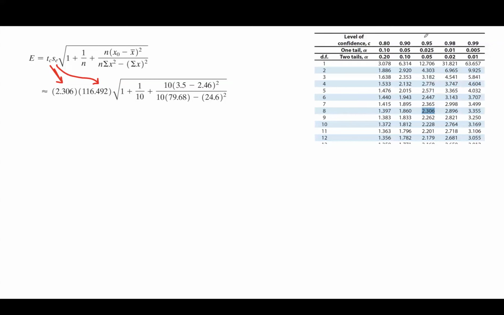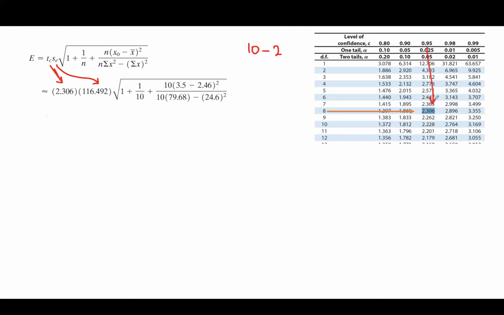Remember the t distribution table. For a 95% level of confidence and degrees of freedom 8, remember that you had 10 data points in your collection, but for the degrees of freedom, we're using 10 minus 2, which is 8. You get 2.306 as the critical value. And again, this is a 95% level of confidence.